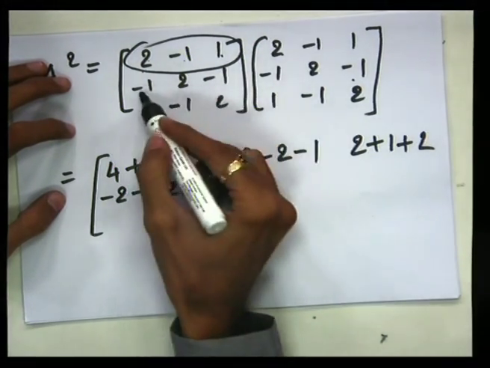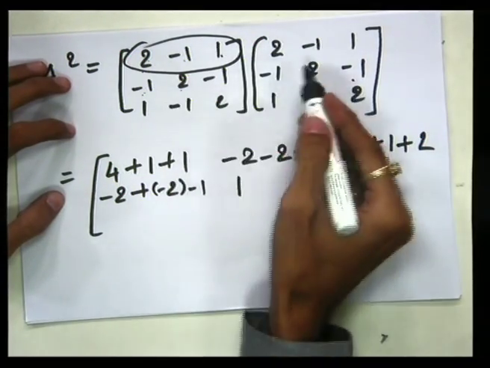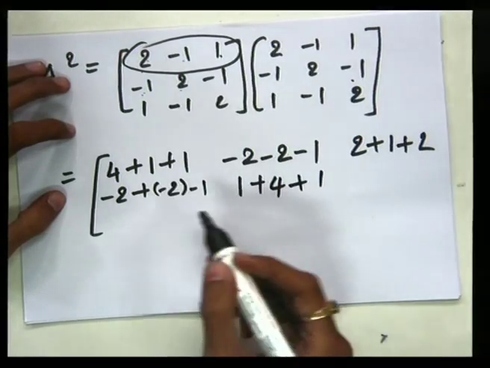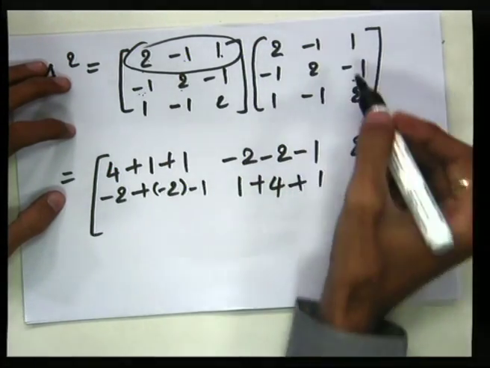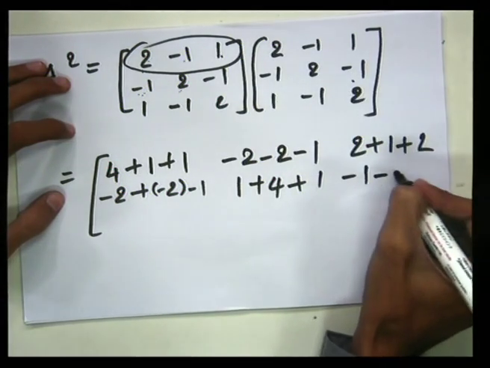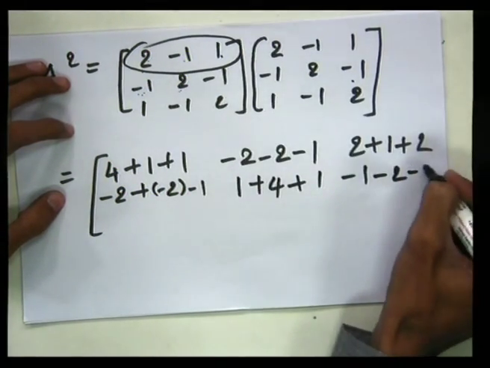The same way, minus 1 into 1 is minus 1, 2 into 2 is plus 4, minus 1 into minus 1 is plus 1. Again, minus 1 into 1 is minus 1, 2 into minus 1 is minus 2, minus 1 into 2 is minus 2.